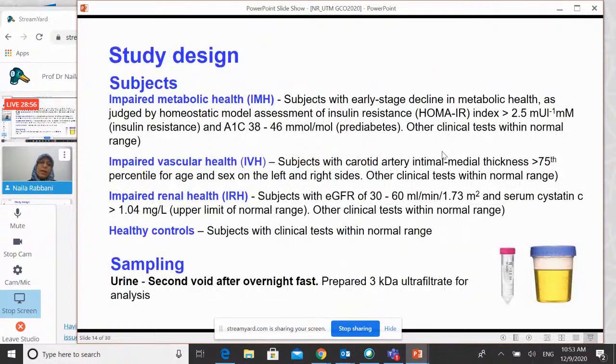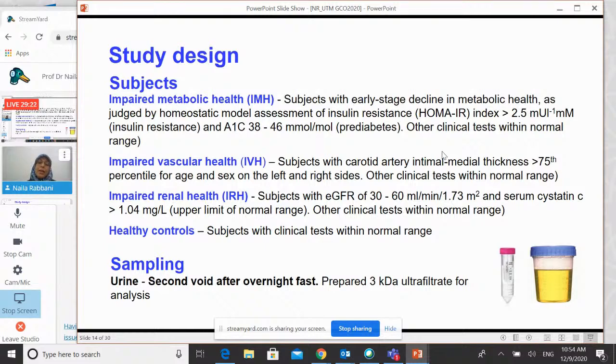Our study design was that we recruited impaired metabolic health subjects. These people had early stage decline in metabolic health, as judged by a homeostatic model assessment of insulin resistance, HOMA-IR index, greater than 2.5 milliunit per millimolar insulin, considered to be insulin resistance.